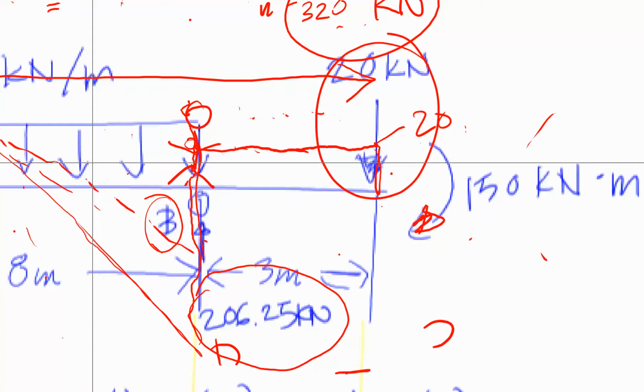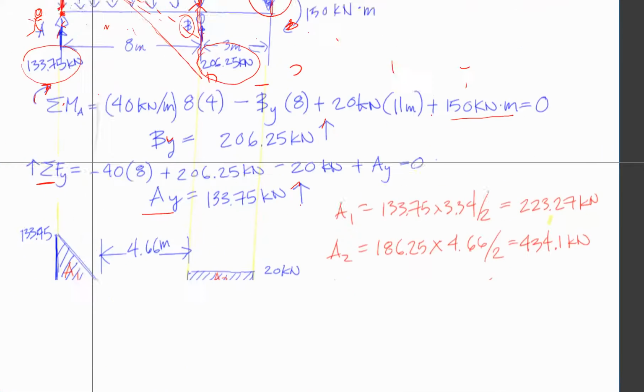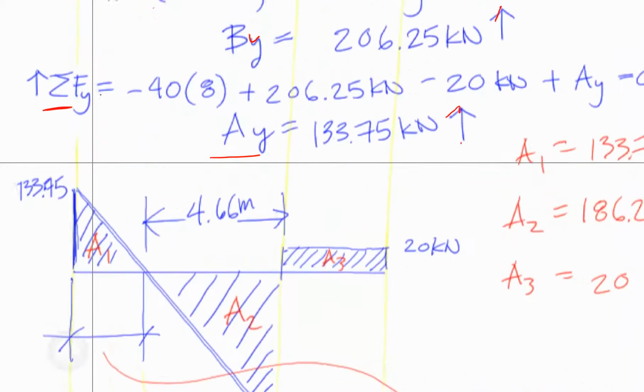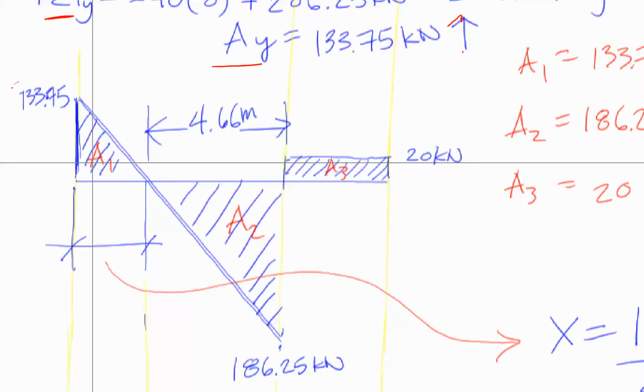So what does that really look like in a shear diagram? 133.75, we go up. Remember, we took the escalator down. We took it right back up. We hit that point, and we came down. There's that 20.